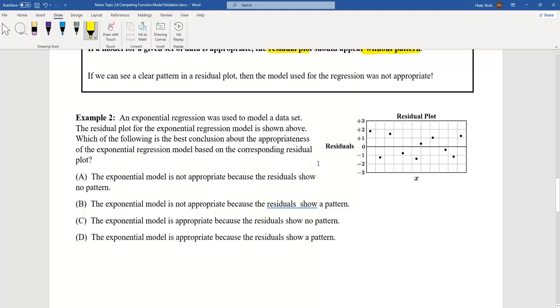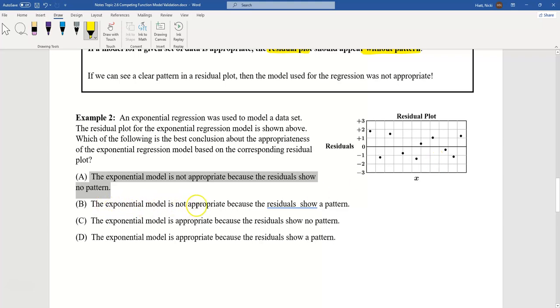I've kind of already given this away. We've got not appropriate or appropriate. So A, the exponential model is not appropriate because the residuals show no pattern. That's going to be false every time, because if a residual plot shows no pattern, that's a good thing. That means the plot does work well. So that would be false no matter what this graph right here looks like.